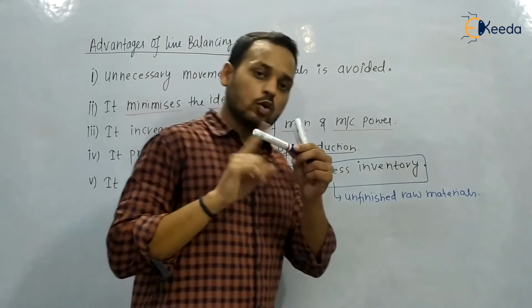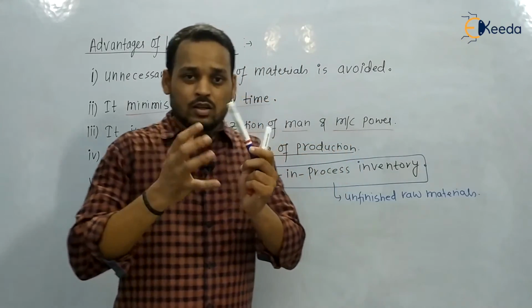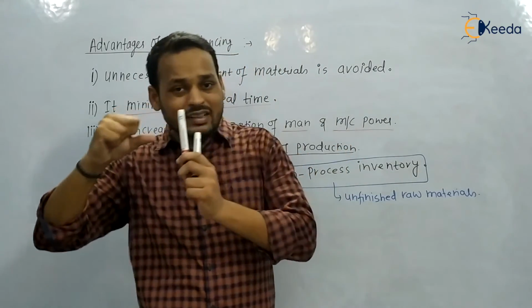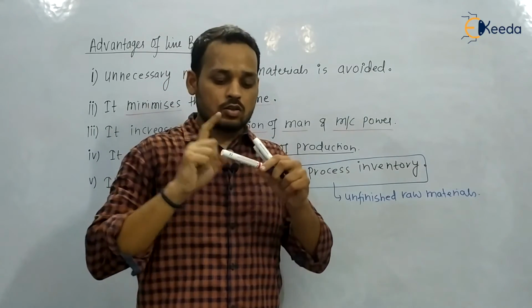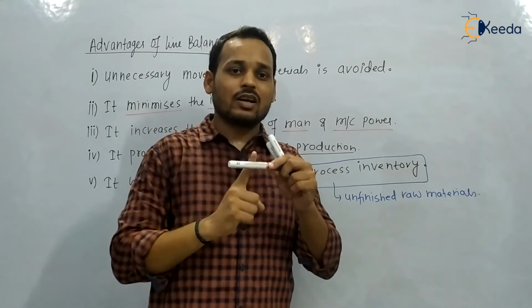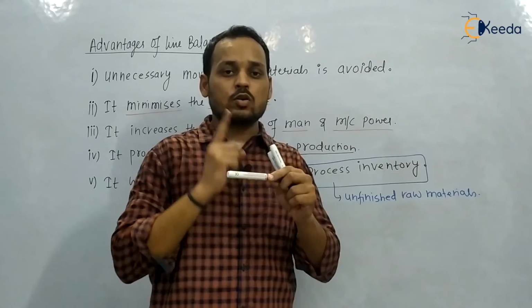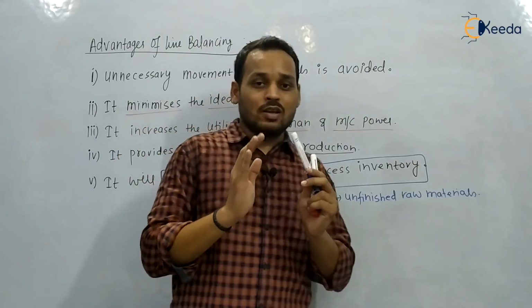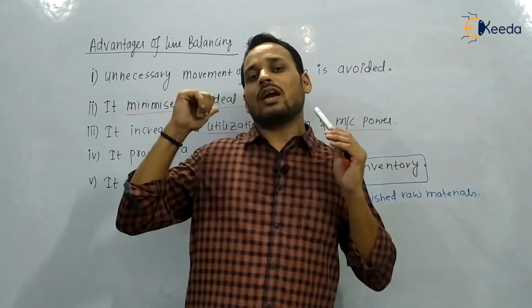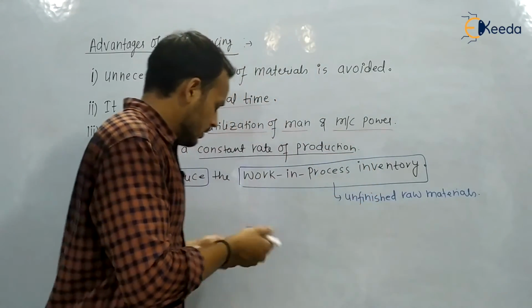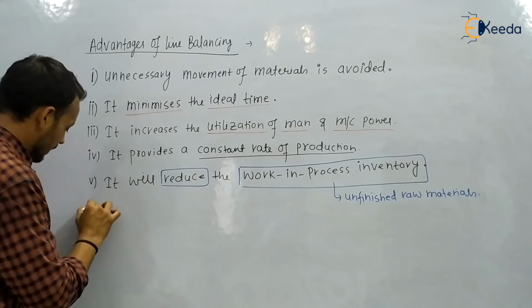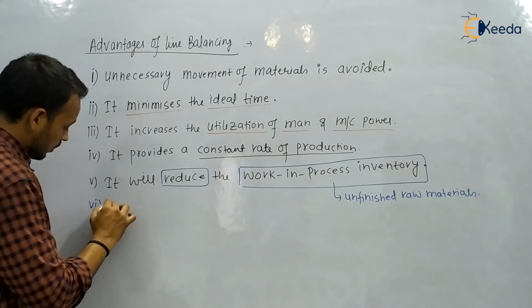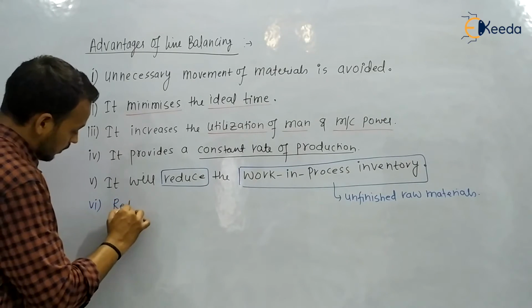You have to complete your work, since you have to get the required output. So you have to complete the turning operation or whatever operation you are going to perform. It means the work in process inventory will be reduced in case of line balancing, and it is certainly going to reduce.